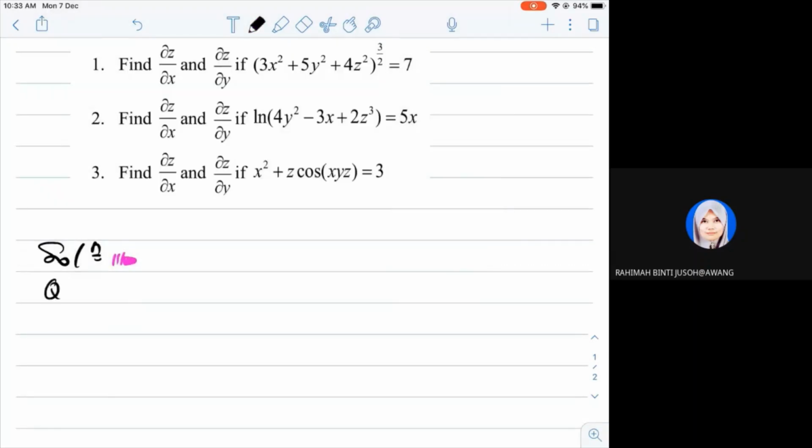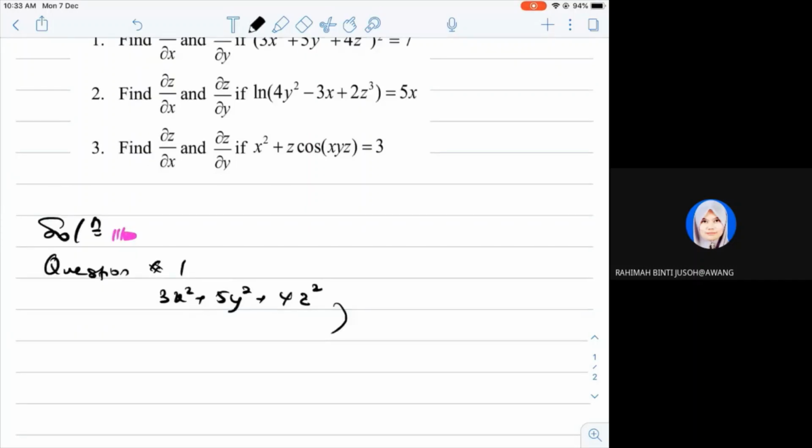Question number 1. We have 3x squared plus 5y squared plus 4z squared, to the power of 3 over 2, equals 7.